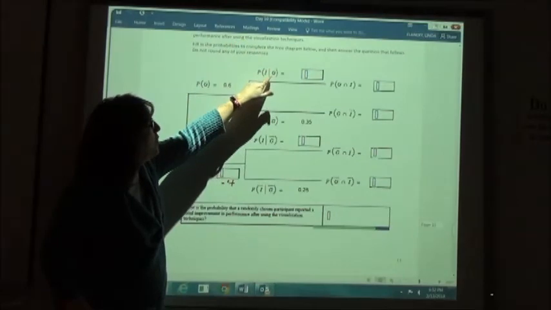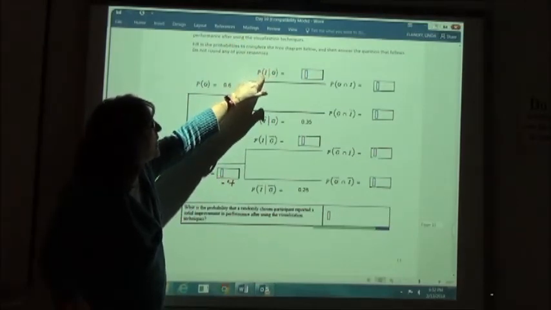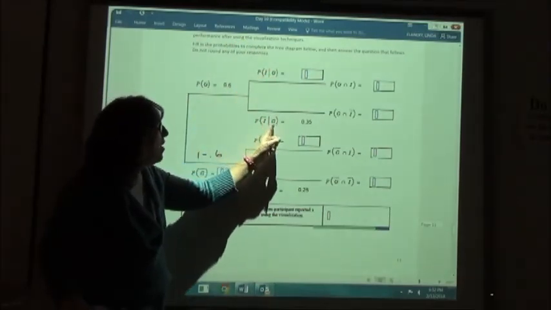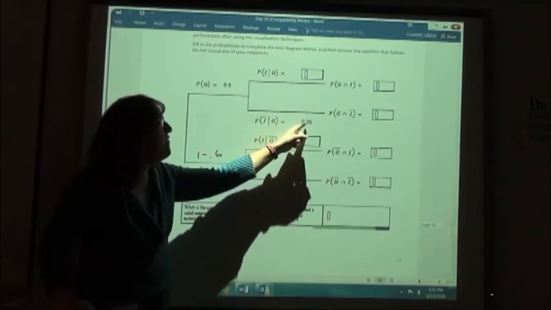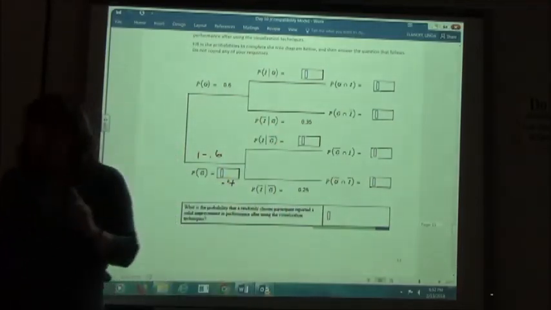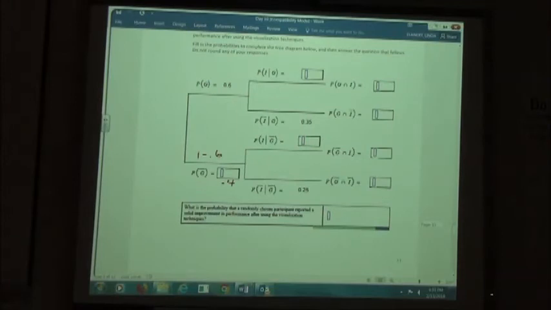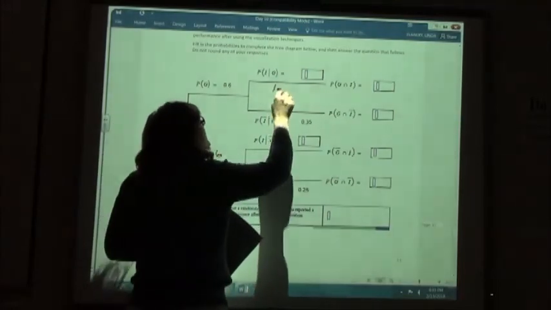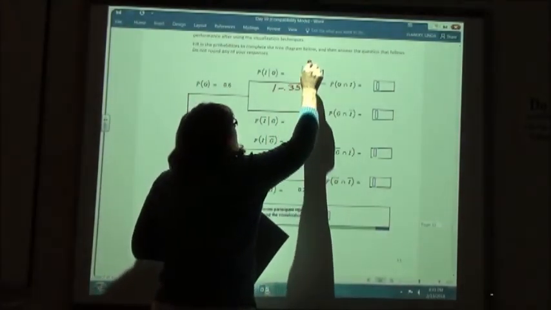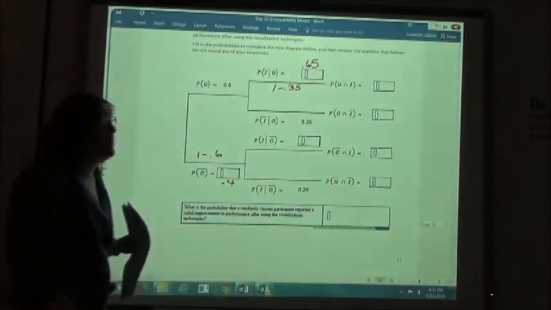Of those that are golfers, we want to find out what percent improved. We know that of those who were golfers, 35% did not improve. So if 35% did not improve, what percent did? 65. 1 minus 35 gives me 65.